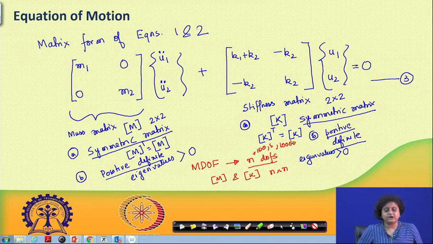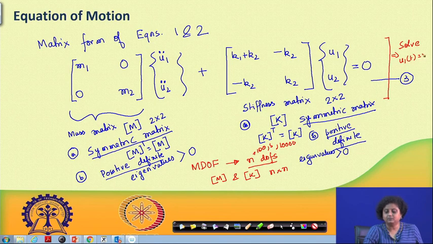Now comes the question, how are we going to solve this matrix equation 3 and get the response u1(t) and u2(t). So, my next job is to solve this to get u1(t) and u2(t). That is what we are going to do next.